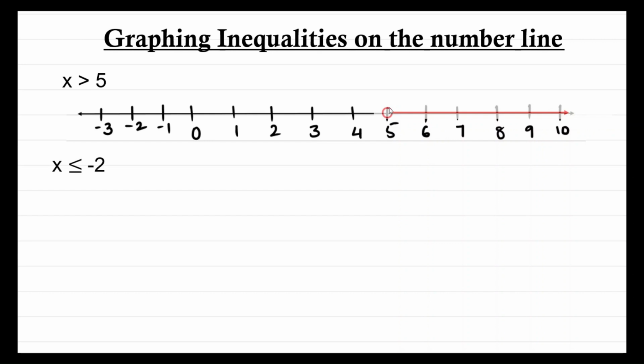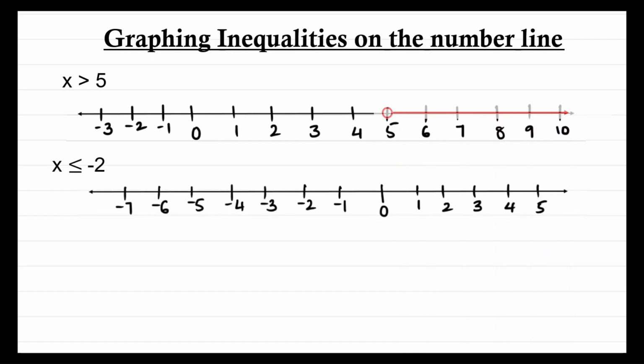Next one, x less than or equal to minus 2. This is a number line. All the values of x which are less than minus 2 and equal to minus 2 are the solutions for x. So my solution would be represented by this red line.